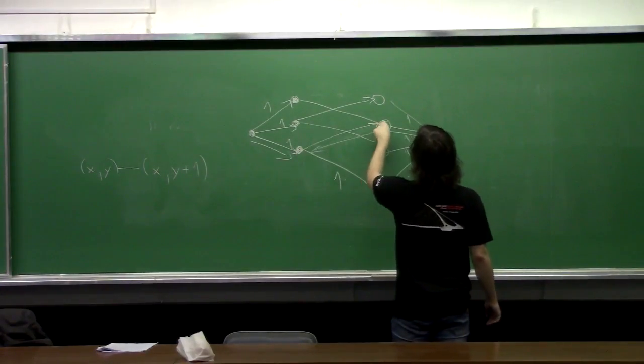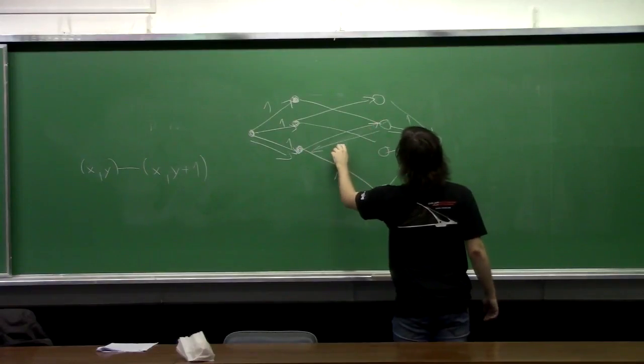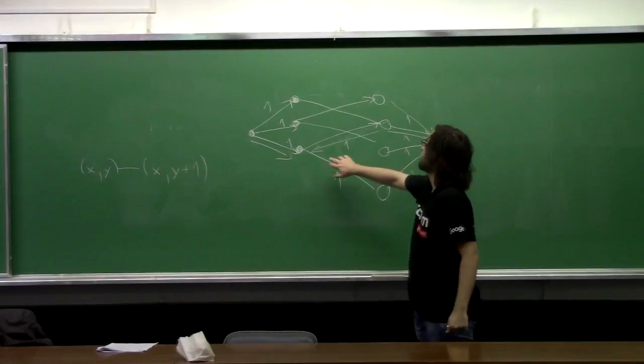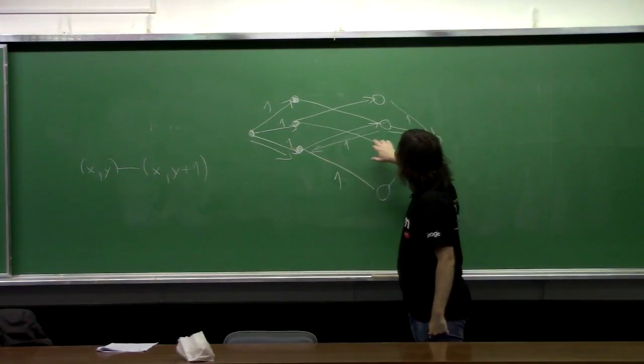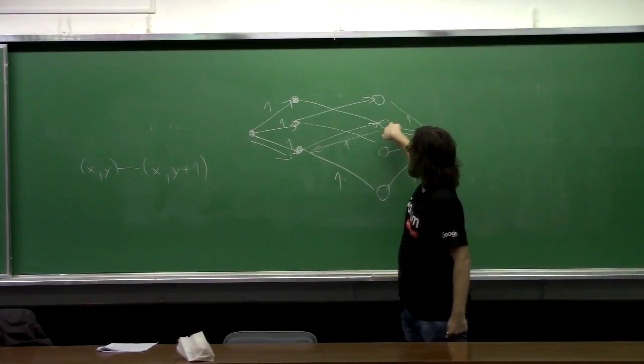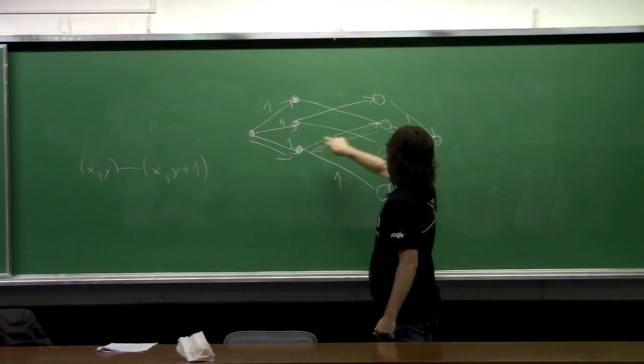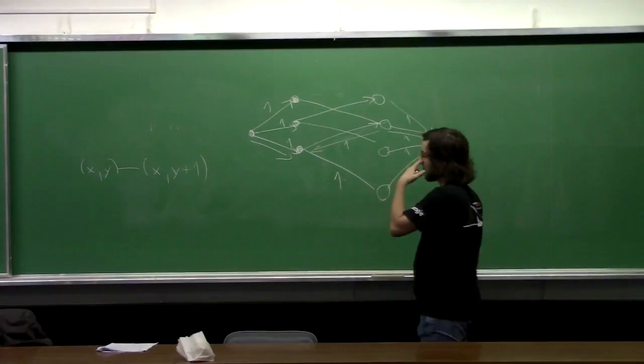If there is a flow of 1 through this edge, then this edge has capacity 1, and we can decide to send a flow of 1 back through this edge and stop sending a flow of 1 through this edge forward.